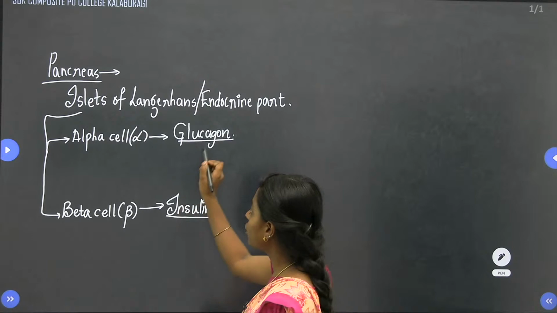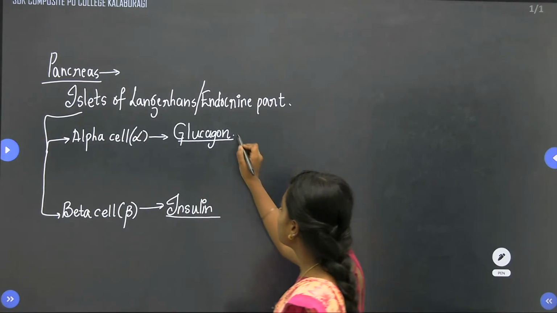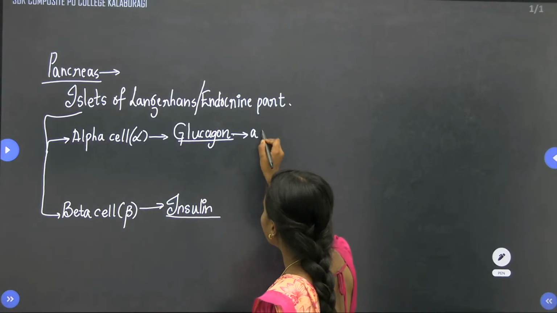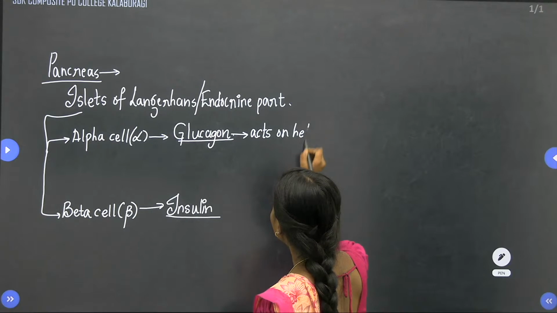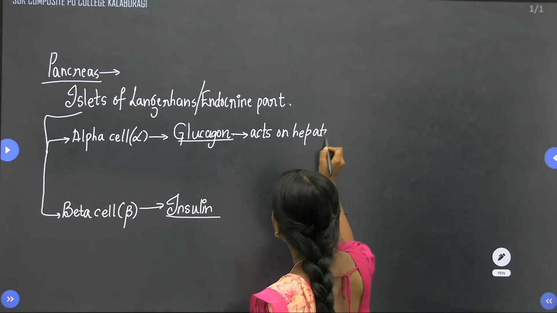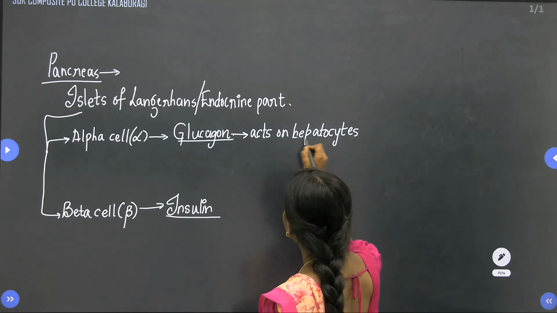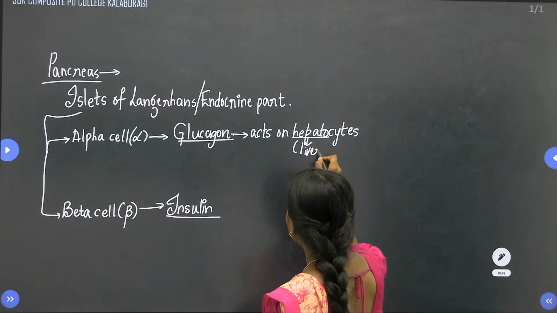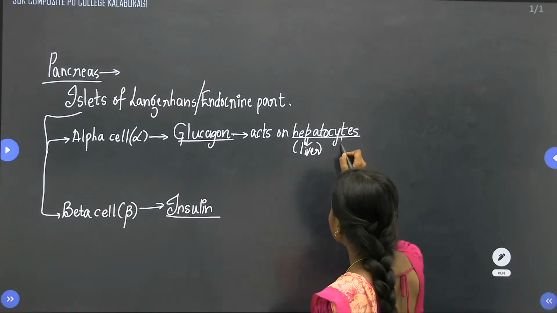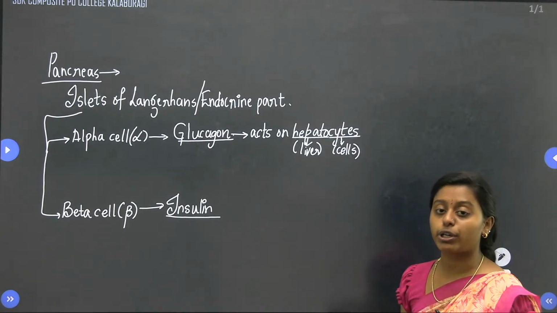Coming to the function of the hormone glucagon. Glucagon acts on hepatocytes. Hepato refers to liver, whereas cyte refers to cell. Cells present within the liver are called hepatocytes.